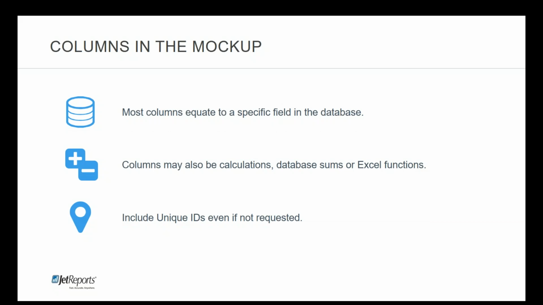If I'm building an employee list, I always go back to this example. I might have 2 Tom Joneses in the company. It's not unusual. They have the same name, so their name isn't unique. How do I differentiate between those 2 Tom Joneses? Well, I use their employee ID number. So we need to include those even if they're not requested.